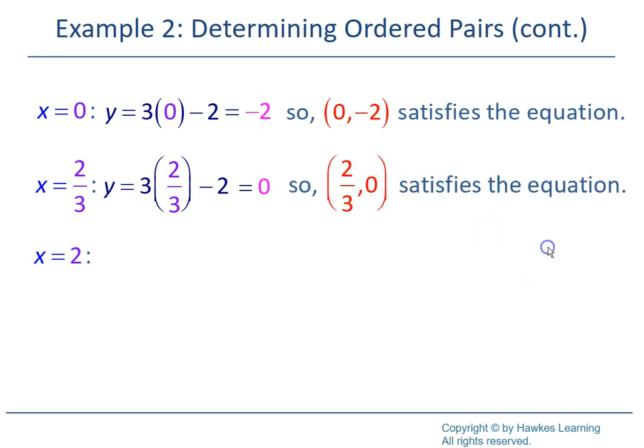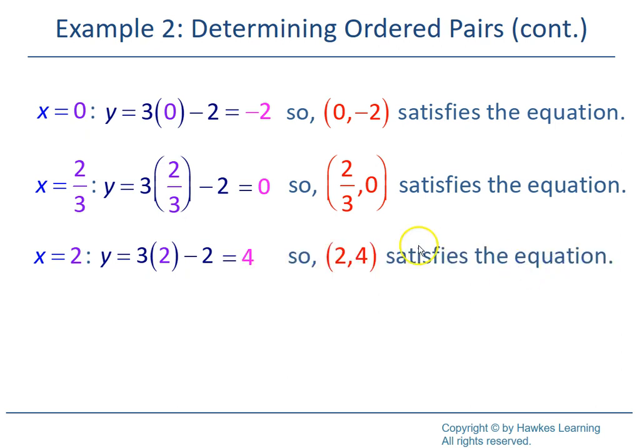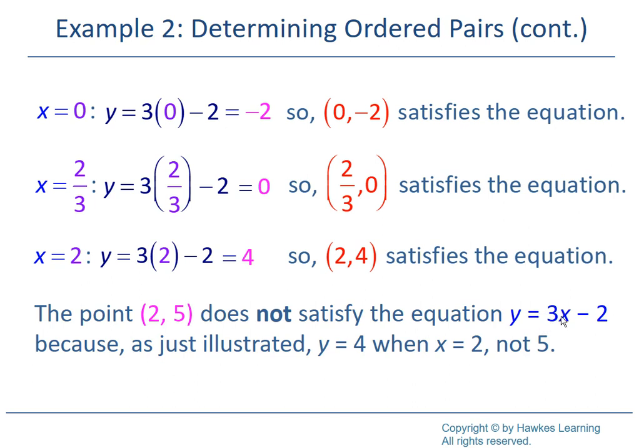And this satisfies, and then this next one is 2, 4. But the 2, 5 does not satisfy the equation. So if this were 4, it would. But if it's a 5, it doesn't.